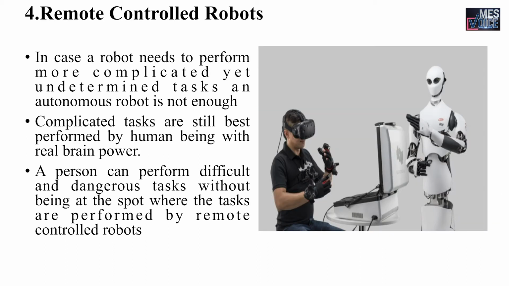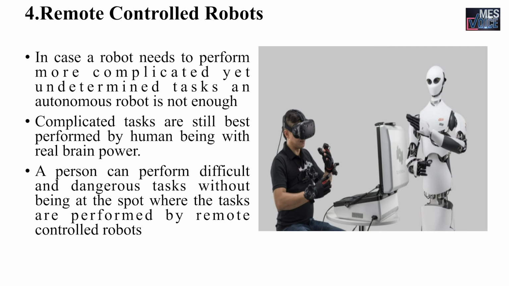Next robot is the remote controlled robot. In some cases, robots are needed to perform complicated and undetermined tasks. In those cases, autonomous robots are not enough to perform the task. The complicated task can be easily performed by a human being with real brain power. A human being can do difficult, dangerous tasks with the help of robots without being physically present where the actions are performed.